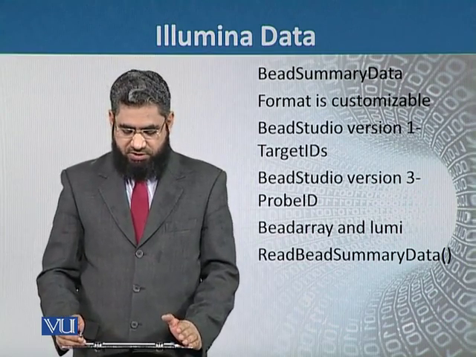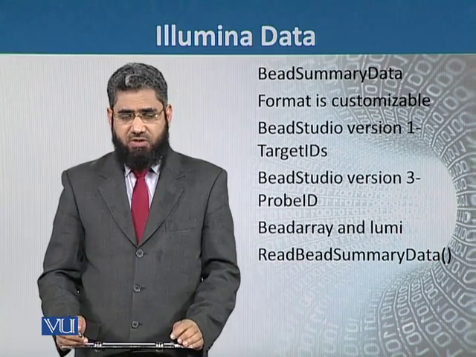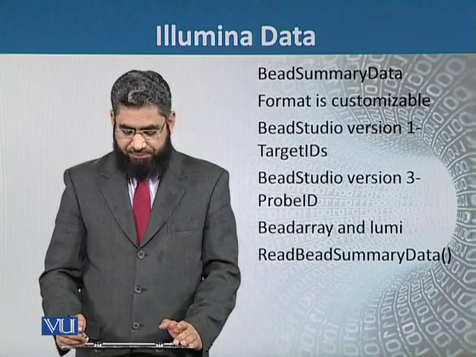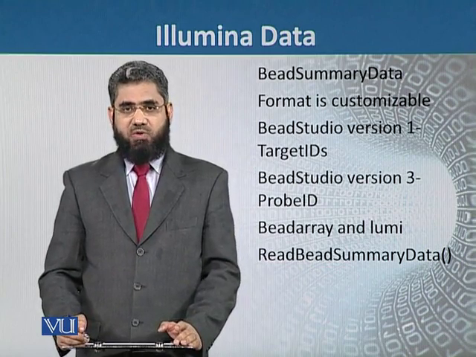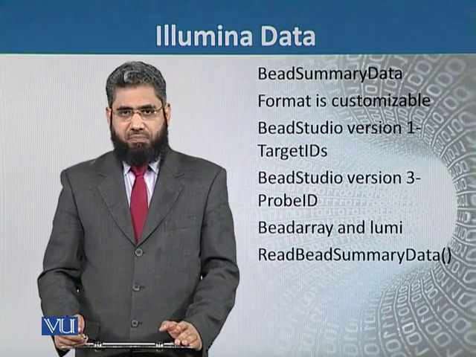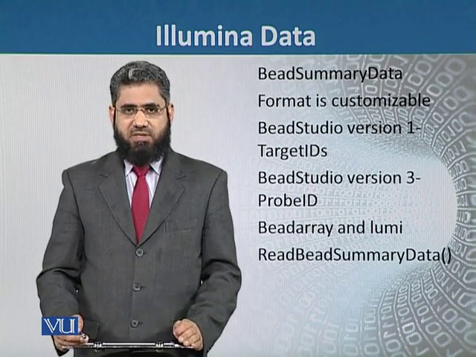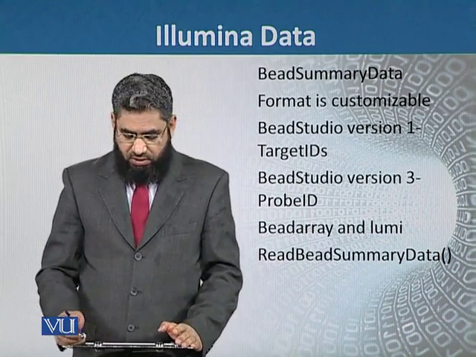These target IDs are used as identifiers for each gene. And the second type is BeadStudio version 3, and it uses probe IDs, for which the intensities of the probes are analyzed by these types of chips.